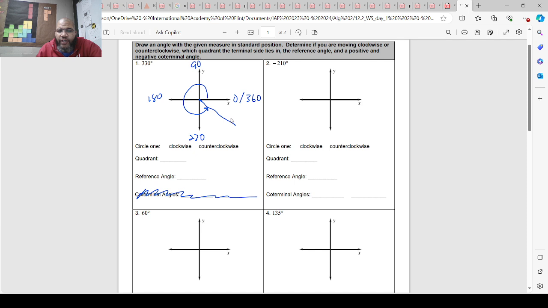So that's 330 as far as my picture is concerned. So what quadrant is it in? That is the fourth. I guess I should have done this one first. It's going this way. That's counterclockwise because the clock goes this way.